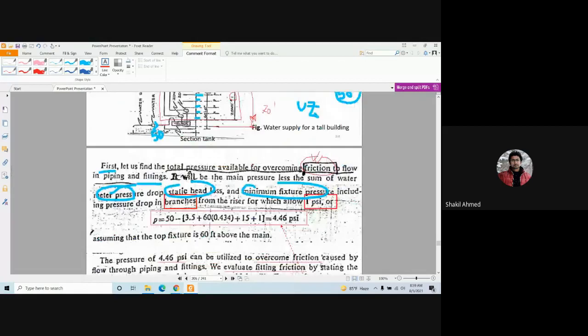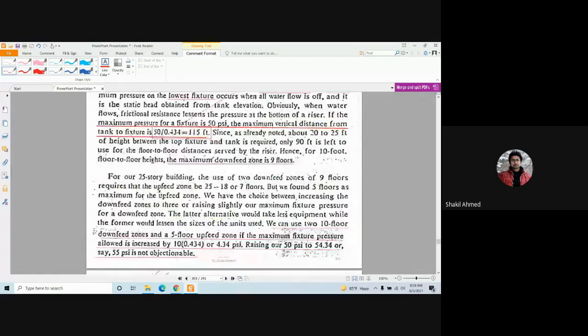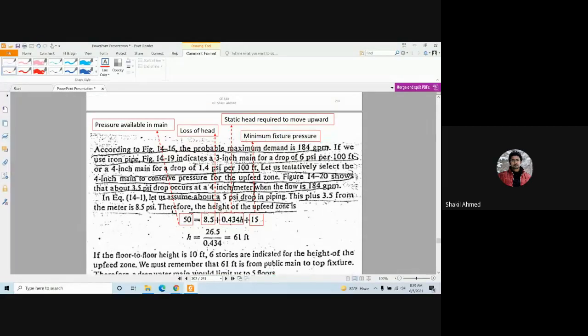Okay, I need to add something here. Do you remember that when we determine the upfeed zone height, then what we did is this.